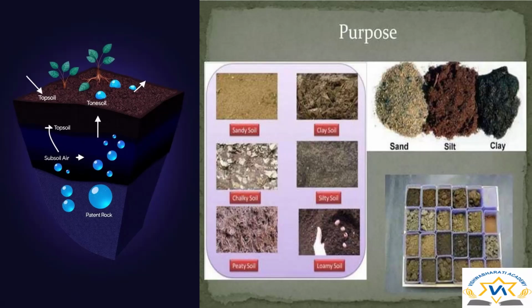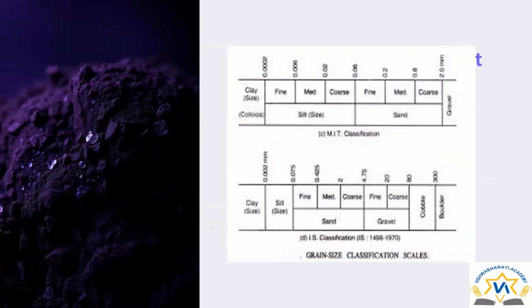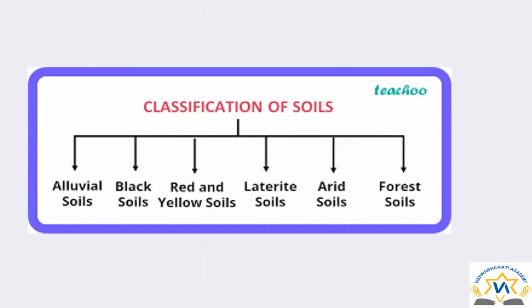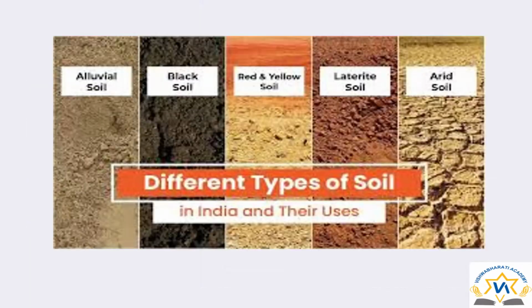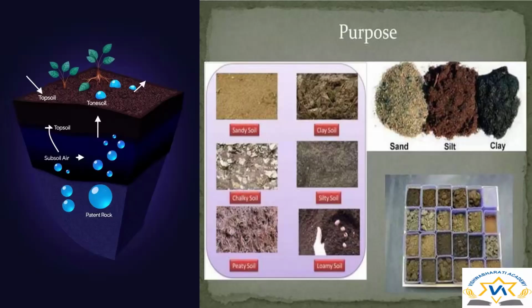In this series, we show some pictures, and with the help of pictures, we study and classify the soil. All our pictures are shown in this video. The soil classification system is divided into five classification types. The first one is based on particle size.